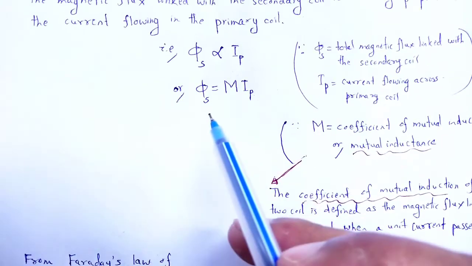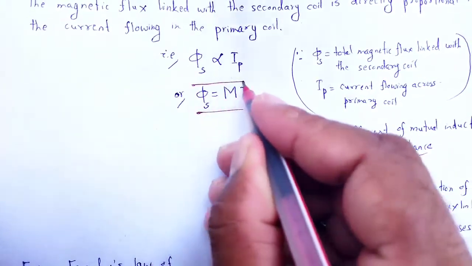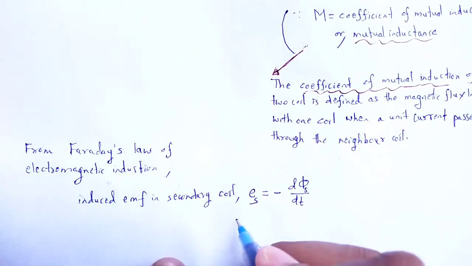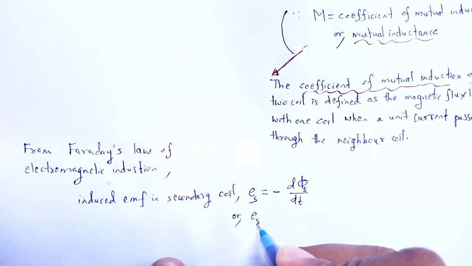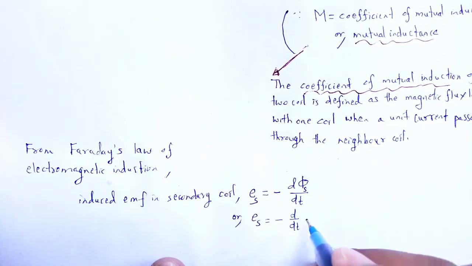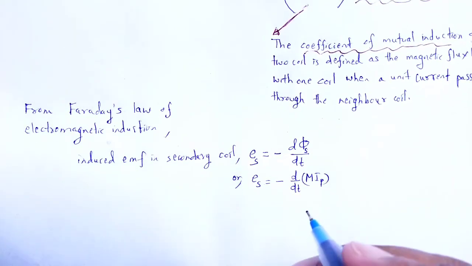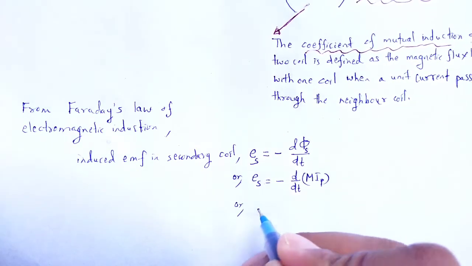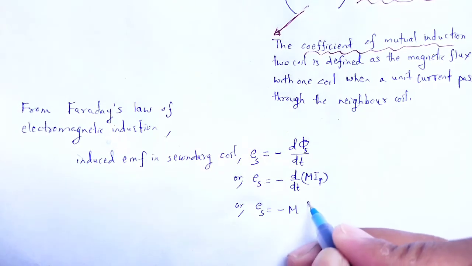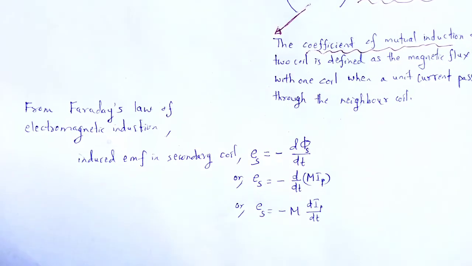In place of phi s, we can substitute M I p, so E S is equal to minus d by dt of M I p, or E S is equal to minus M d I p by dt.